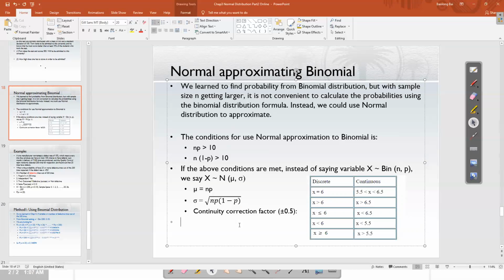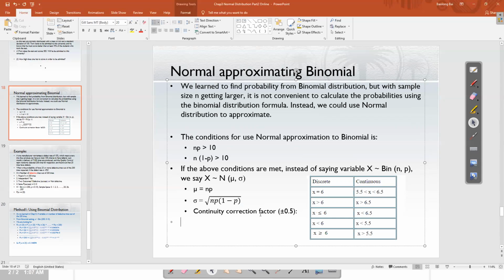Okay, so there's one last thing about the approximation process. The binomial distribution is a discrete distribution, and the normal distribution is a continuous distribution. So when you use a continuous distribution to approximate a discrete distribution, you need to apply a continuity correction factor so that your approximation is closer.